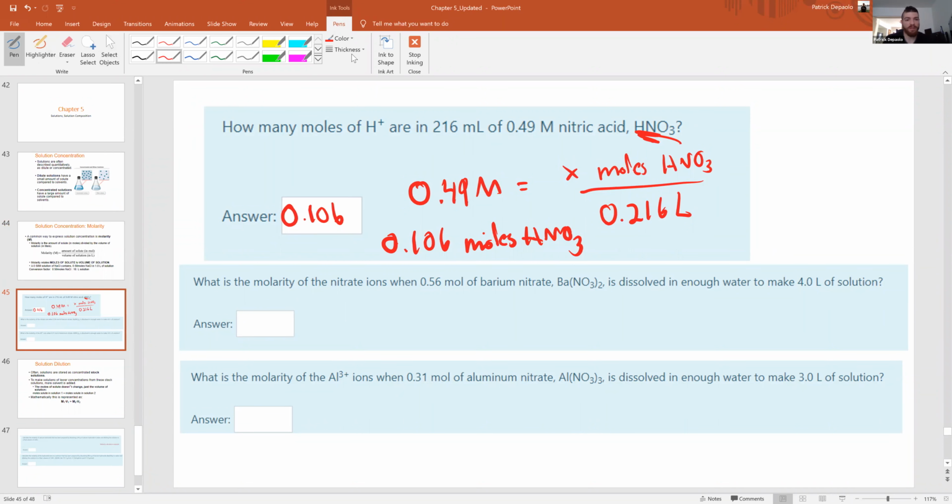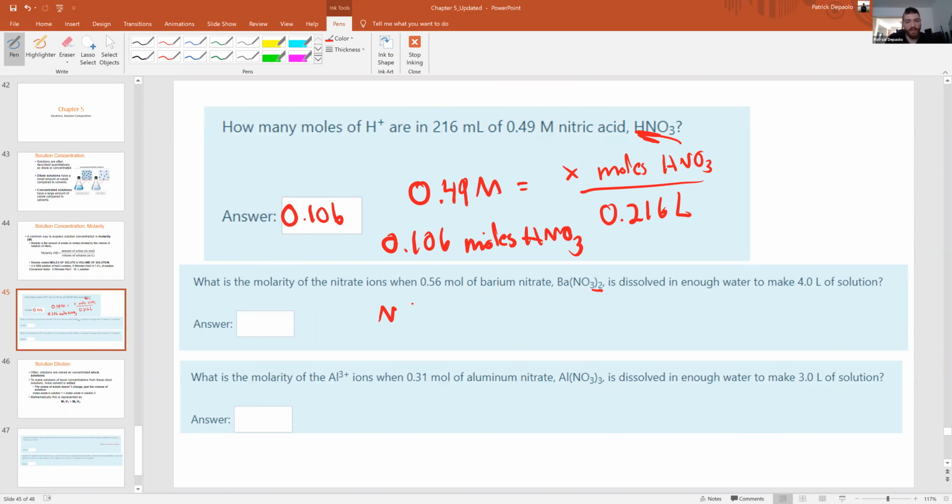Okay, we'll do one more. What is the molarity of the nitrate ions? So that's key, nitrate ions, when 0.56 moles of barium nitrate, BaNO3, is dissolved in enough water to make 4 liters of solution. All right, so let's set this up.